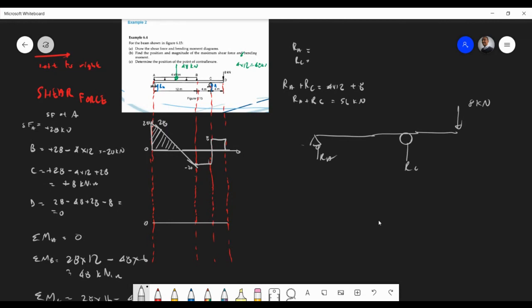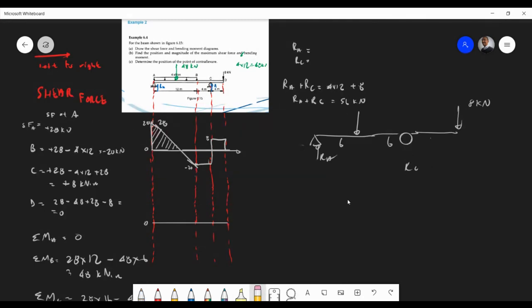For a UDL, we take 4 times, it's kilonewton per meter, right? So over the span, that's 4 times 12. You get that? So that's 48, and it acts in the middle. So that's 6 meters here, 6 meters there. Wait, 6, 6, 4. Oh, wait, yeah. I'm out here.